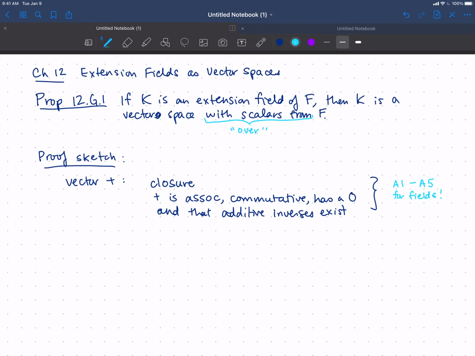So K automatically satisfies everything it needs to with respect to vector addition.